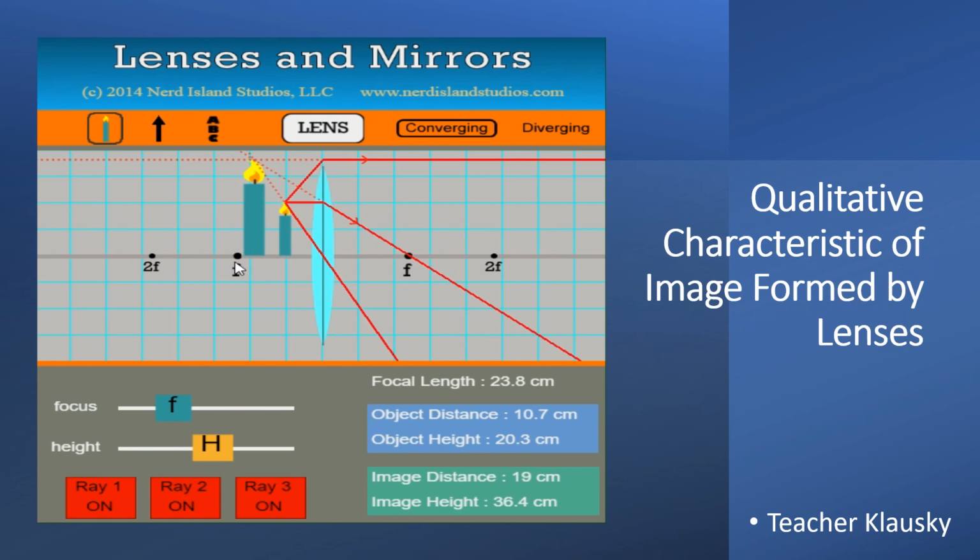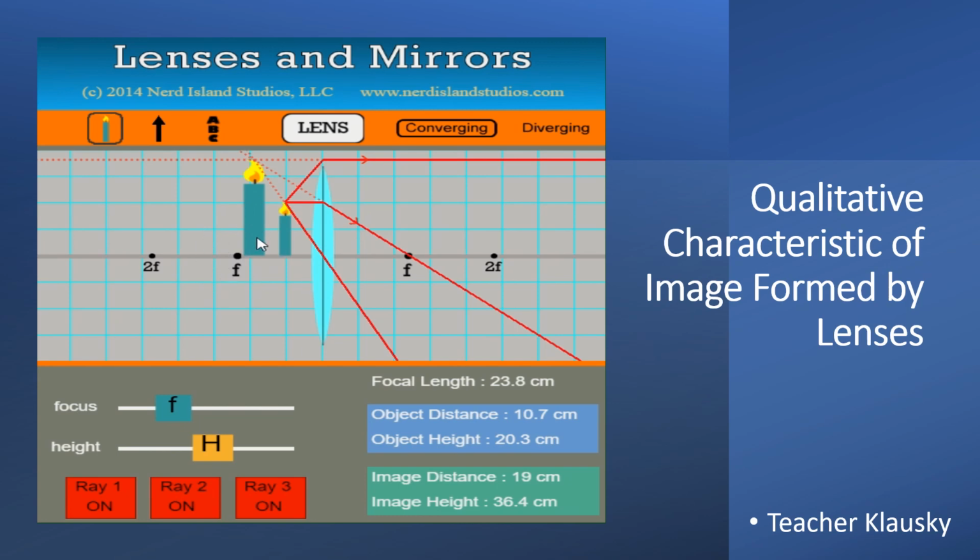So it's between F and the vertex of the lens. And the size of the image is bigger or larger than the original size of the object. The orientation is upright. And the type of image is virtual. This time virtual because the image is formed on the left side of the lens or in the first surface of the lens.